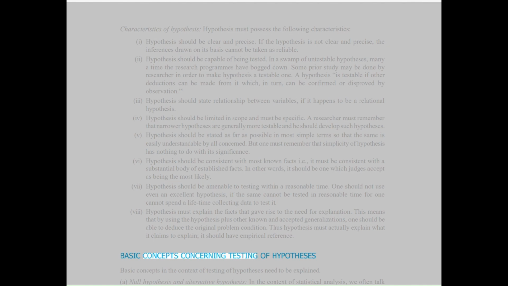Basic concepts concerning testing of hypotheses. Basic concepts in the context of testing of hypotheses need to be explained. A. Null hypothesis and alternative hypothesis. In the context of statistical analysis, we often talk about null hypothesis and alternative hypothesis.